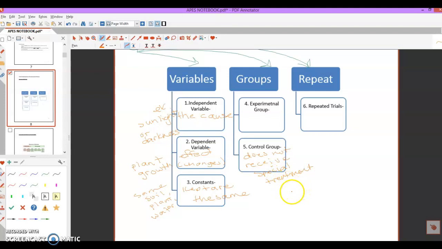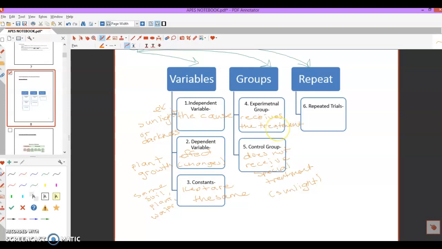So let's think about our plant scenario. What does a plant typically need to survive? Sunlight, right? So our control group would be the sunlight, because we know a plant's already going to grow with those conditions. The experimental group, on the other hand, is going to receive the treatment.